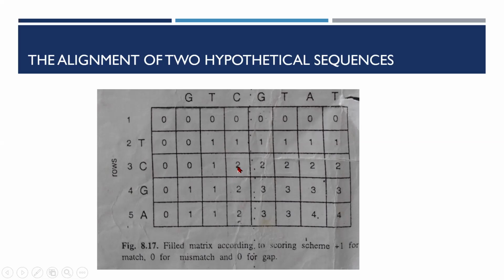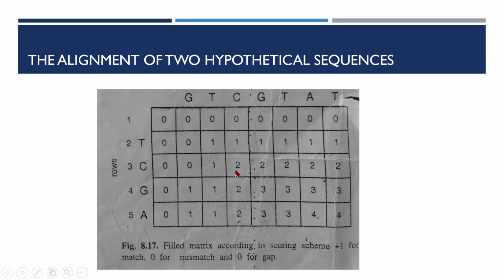This particular position, C with C, is a match, right? So when it is a match, take the diagonal value. The diagonal value is 1 here. So take the diagonal value plus 1 if it is a match. The answer is 2.